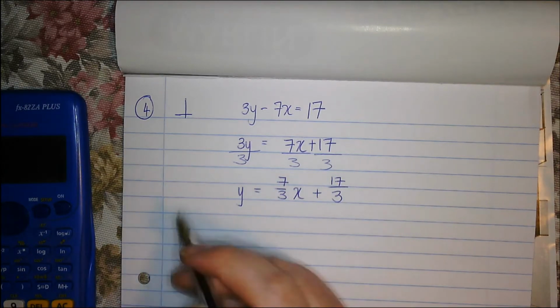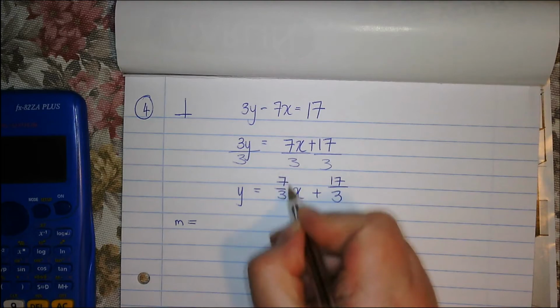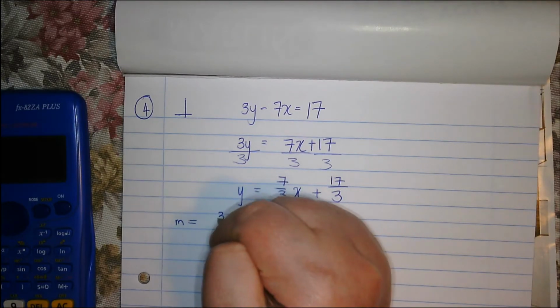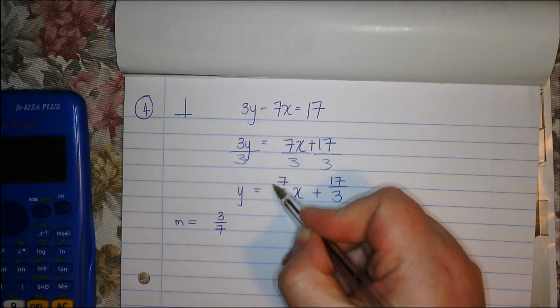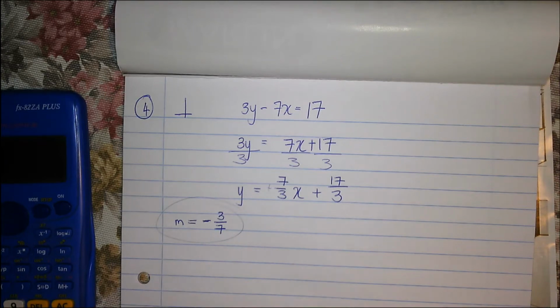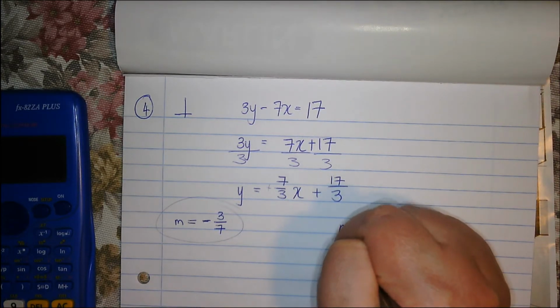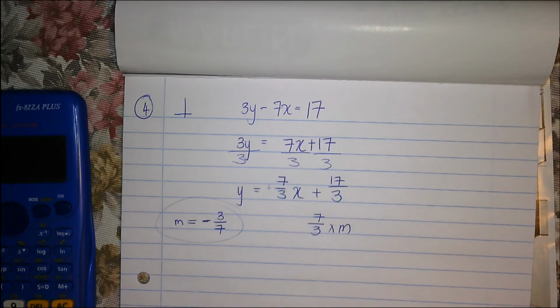Okay. Now, the gradient that we are looking for is the reciprocal of this. It's 3 over 7, and then with an opposite sign. This one is positive, so we want it negative. This is what we're looking for. If you're unsure how I got that, what I did is I said the lines must be perpendicular.